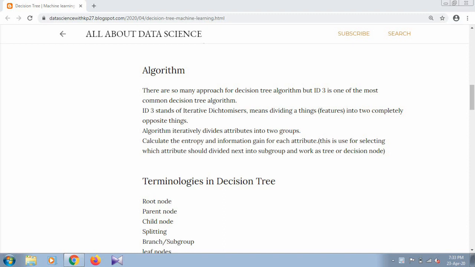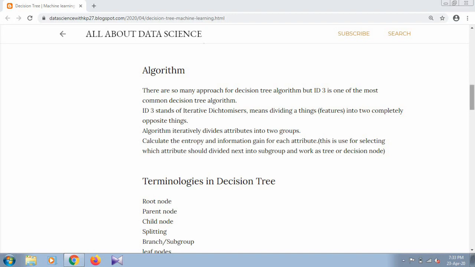So this is all about how to select an attribute that is going to be further divided, or we can say further split. Okay, so this is the algorithm for the decision tree.